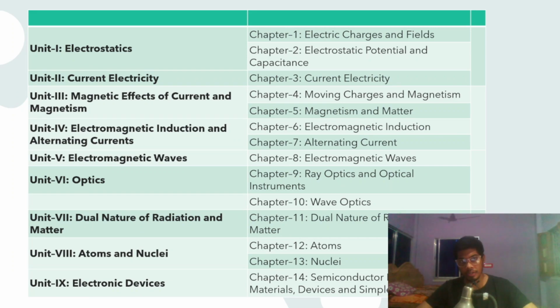So: electrostatics, current electricity, magnetic effects of current and magnetism, electromagnetic induction and alternating currents, electromagnetic waves, optics, dual nature of radiation and matter, atoms and nuclei, and electronic devices. So these are the 9 sections, and in each section there are around one or two chapters, which concludes that there are 14 chapters.